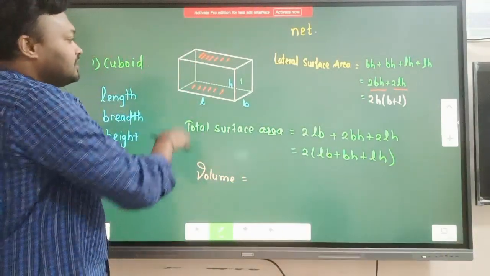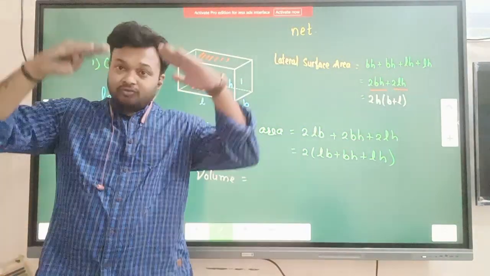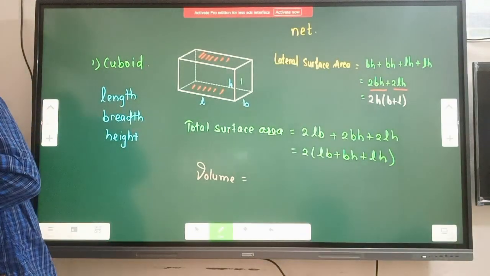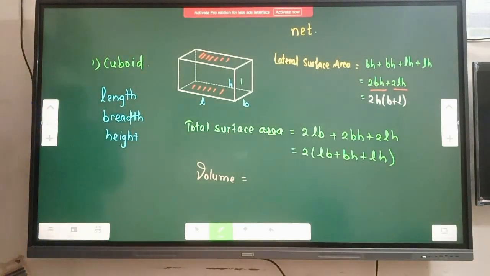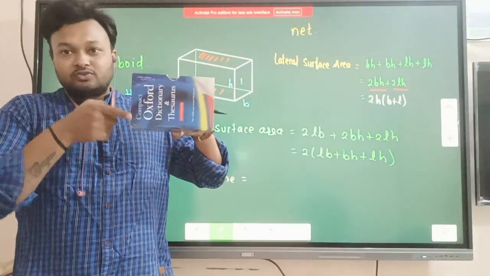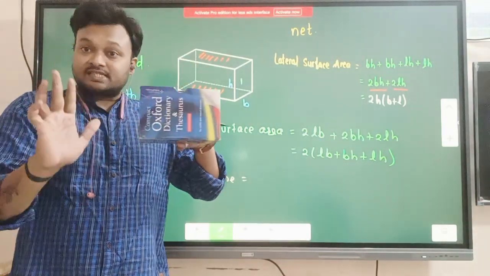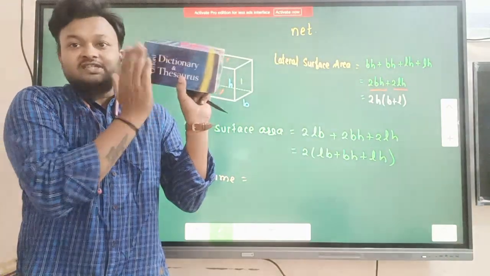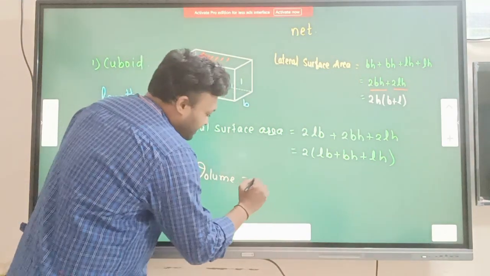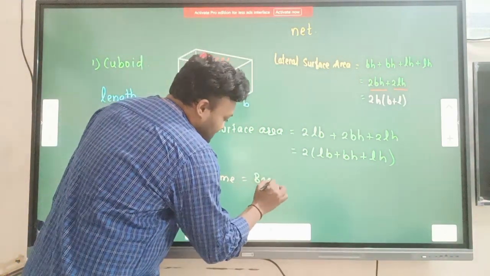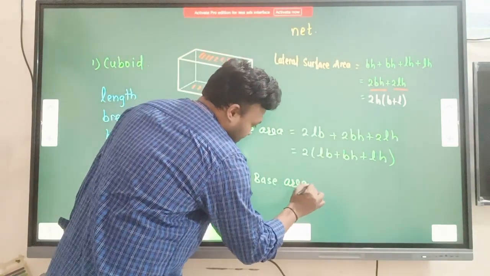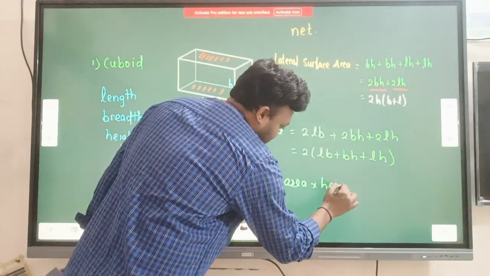If the height of an object is the same throughout, for example in this shape the height on this side and this side is the same, and the cross-section is also the same throughout, then for volume we can say base area into height is the formula.